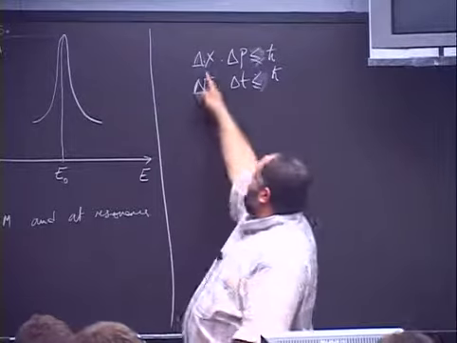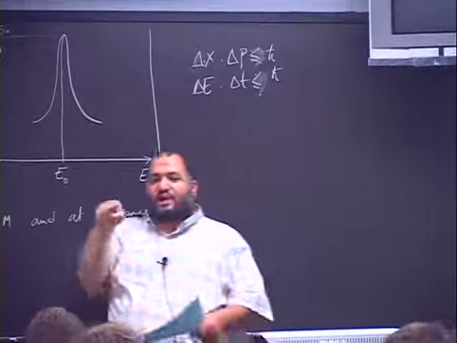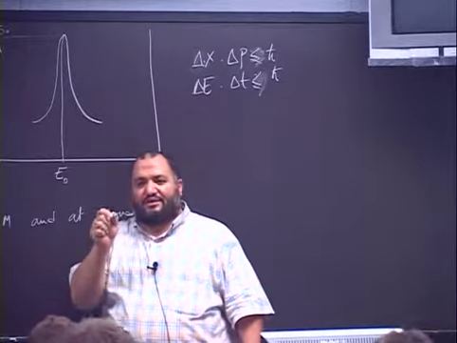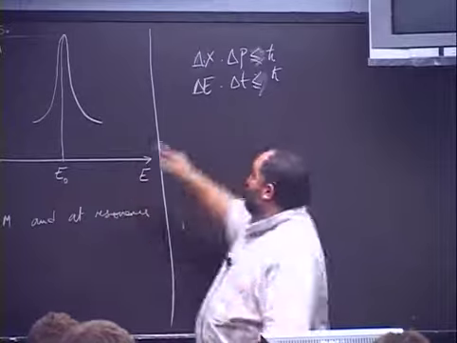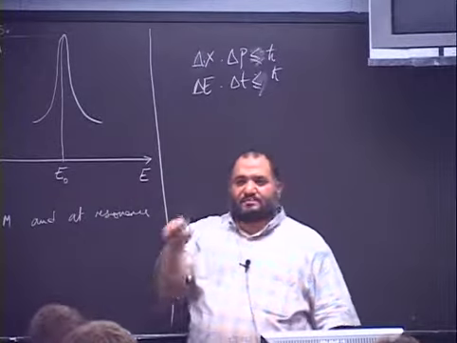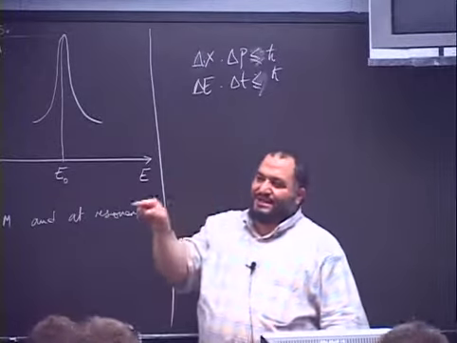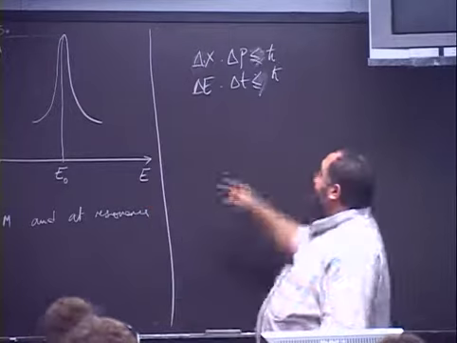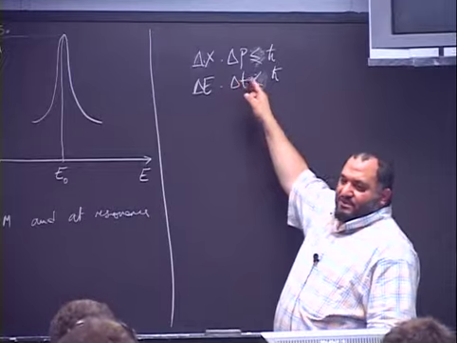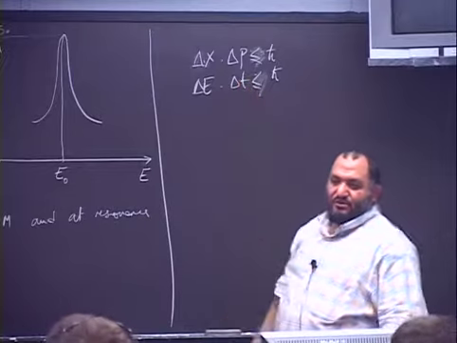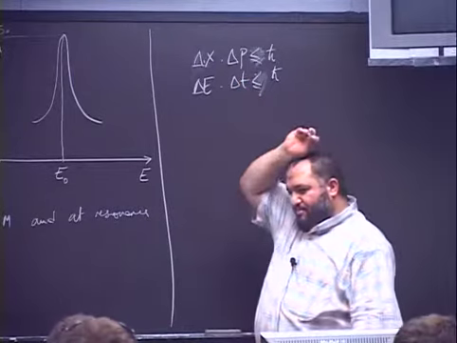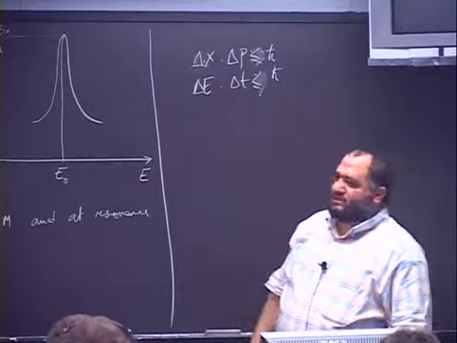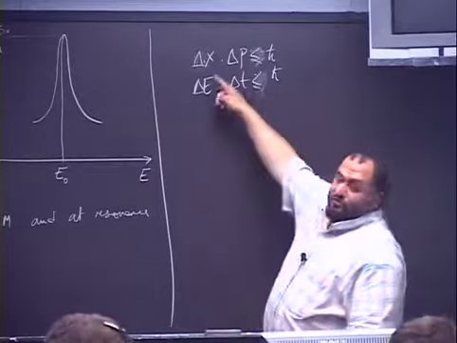For the first one, if you define the particle location within delta X, so the particle is between X and X plus delta X, then you cannot define the momentum of the particle indefinitely. You cannot say the momentum is this plus or minus 0. You cannot say this, so you have to follow this rule.